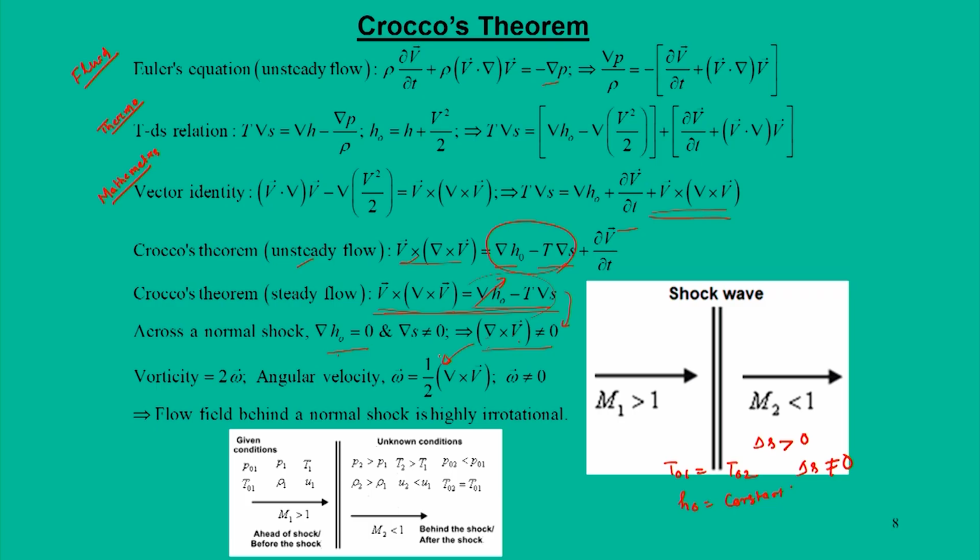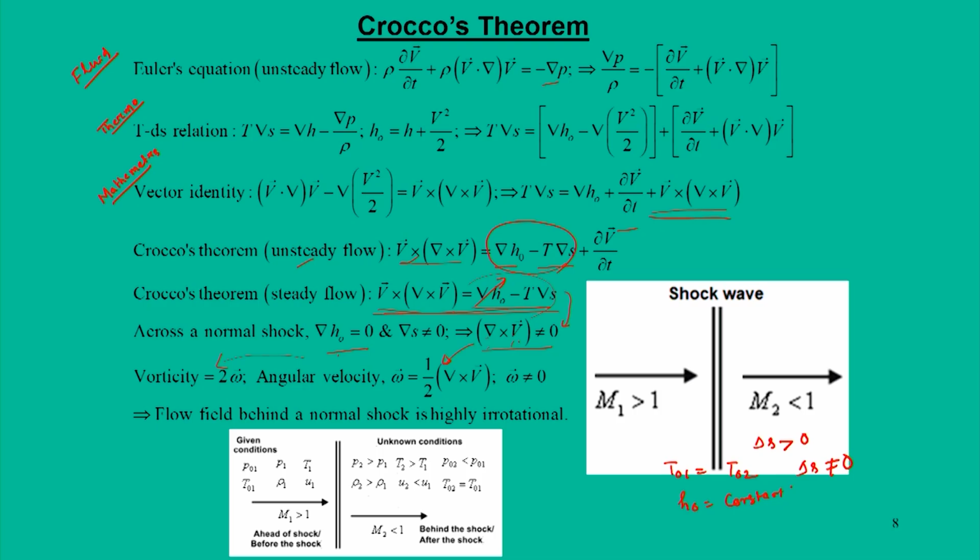That means the fluid element will have angular velocity, because this cross product is not equal to 0, and this angular velocity omega vector is correlated with a term called vorticity. So, the summary is that omega vector cannot be 0, that means angular velocity cannot be 0.